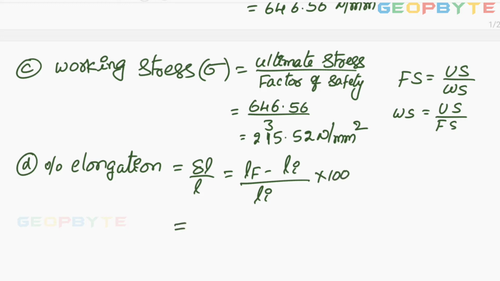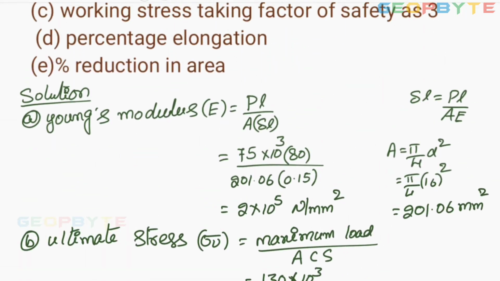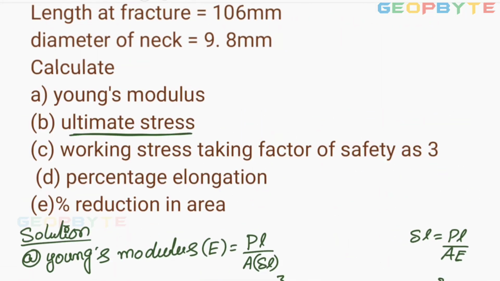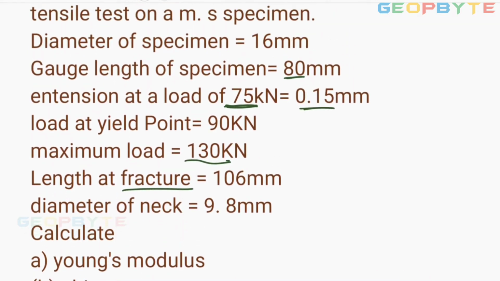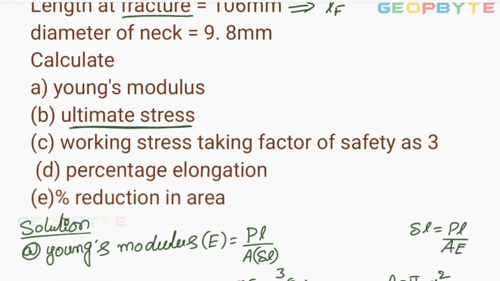Here final length is the length at the fracture. Length at the fracture is given as 106 mm. Gauge length is 80 mm. So this is the initial length and this is the final length.